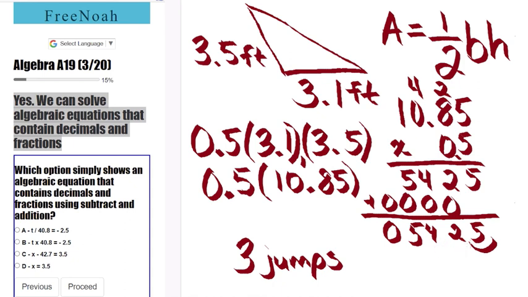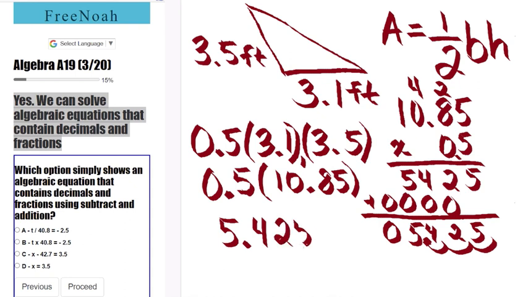Remember, we only count the decimal place values. Here we go. 1, 2, 3. Looks good. So our final answer, or the area for this triangle, is 5 and 425 thousandths feet squared.